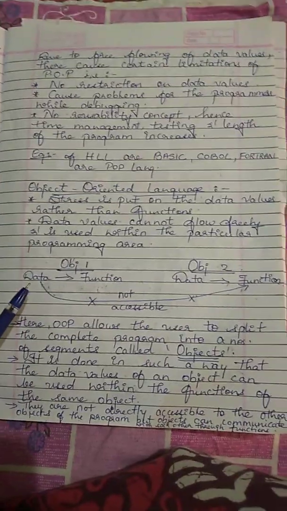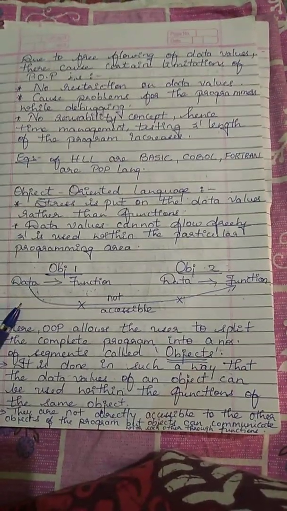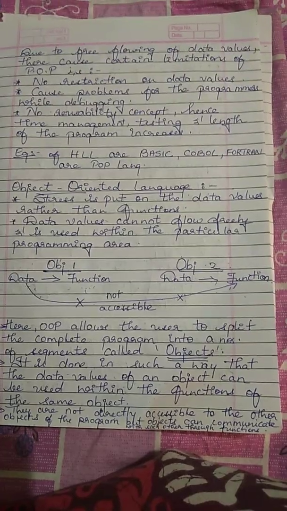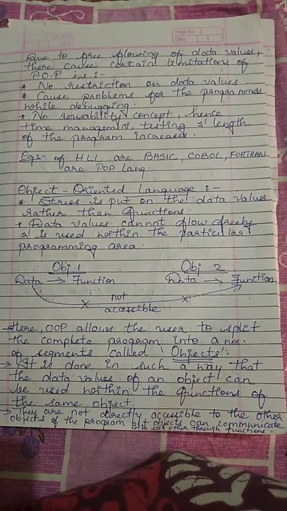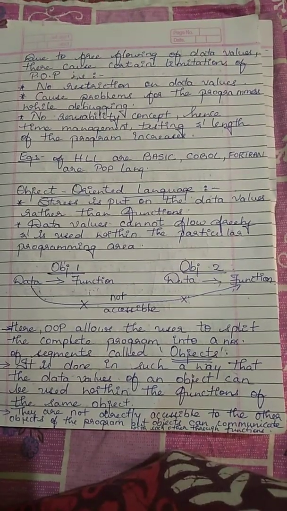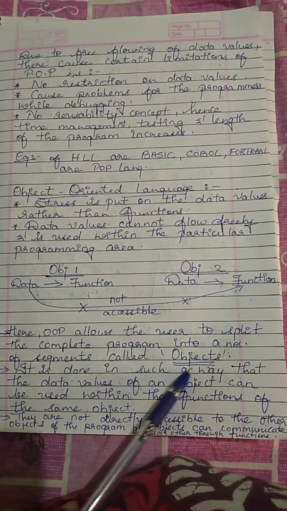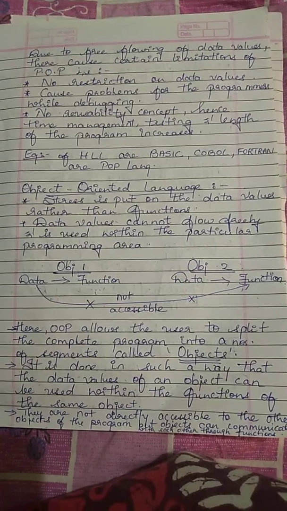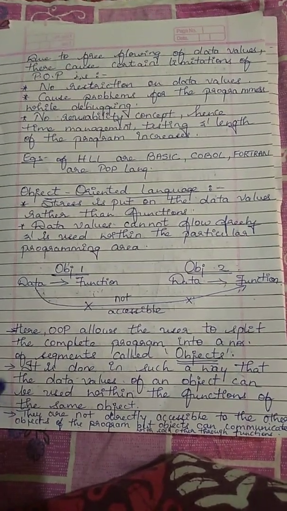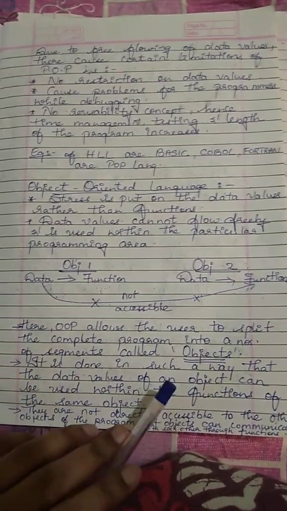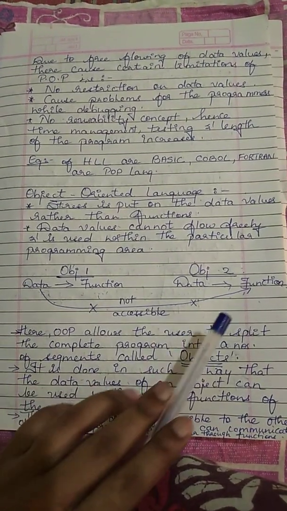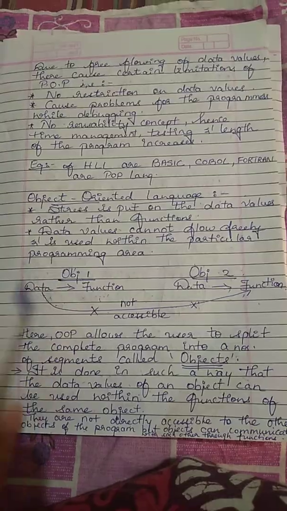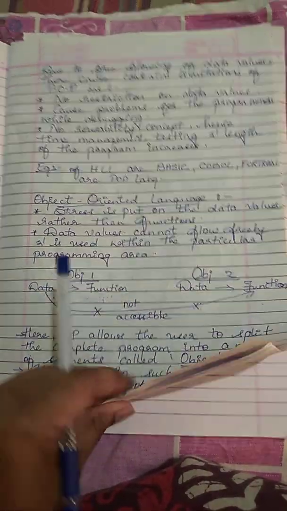This was the block diagram I explained: as you are using OOP, you are splitting your program into a number of segments called objects. The data values can flow from one object to another, but one data value of another object cannot go for the function. This was told in this part.